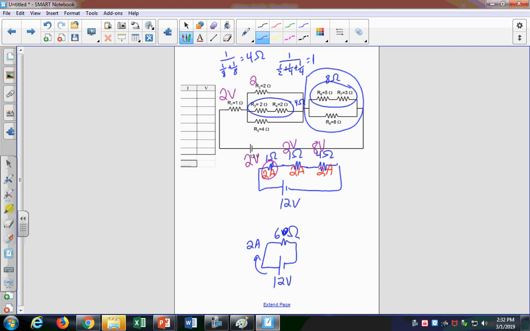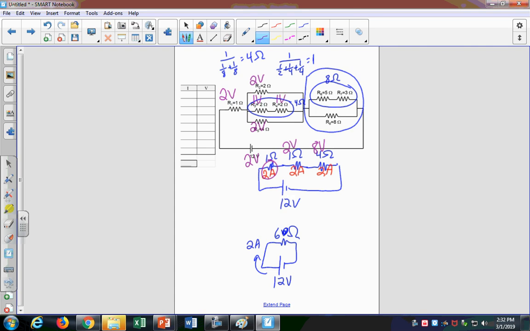This one is 2 volts, and this one is 2 volts because they're in parallel, and parallel resistors have the same voltage as their equivalent. But I have to do a little step here because I have 2 resistors, R3 and R4, sharing that 2 volts. And so R3 and R4 have a voltage of 1 volt each.